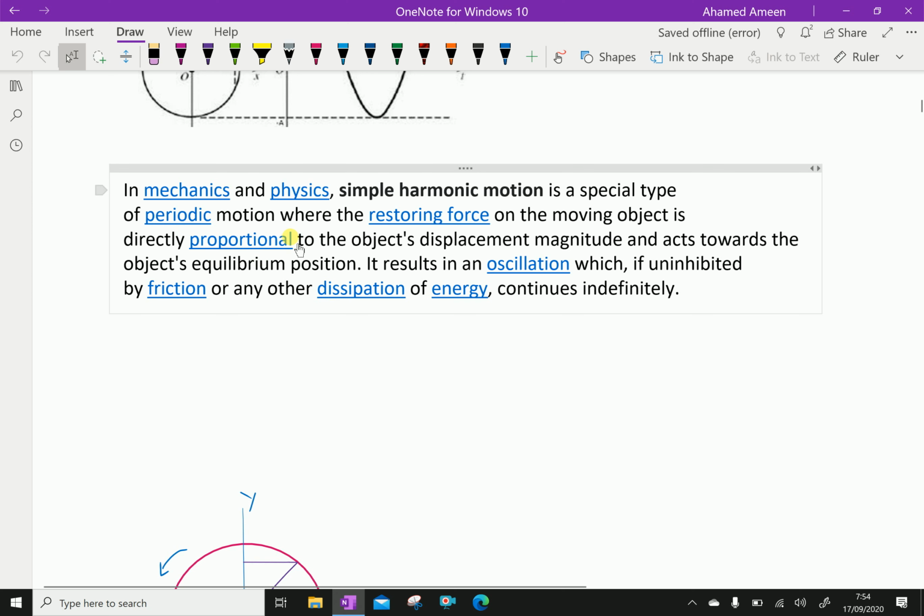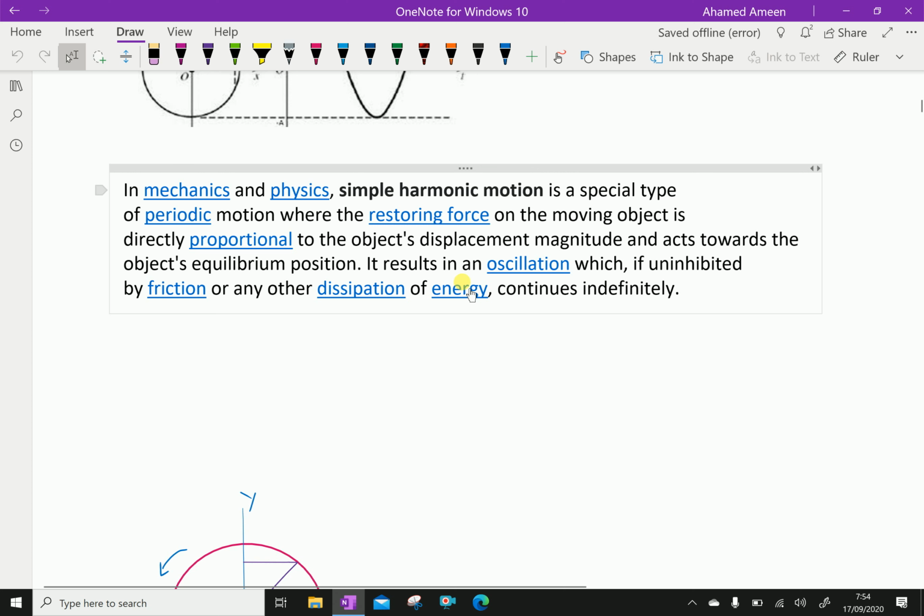In mechanics and physics, simple harmonic motion is a special type of periodic motion where the restoring force on the moving object is directly proportional to the object's displacement magnitude and acts towards the object's equilibrium position.